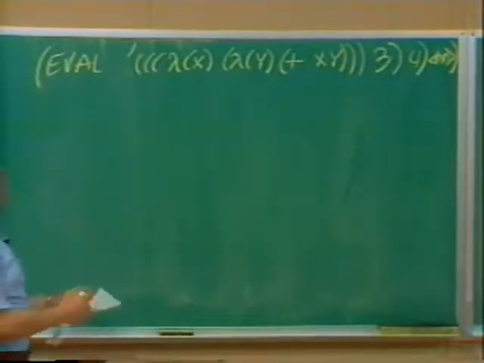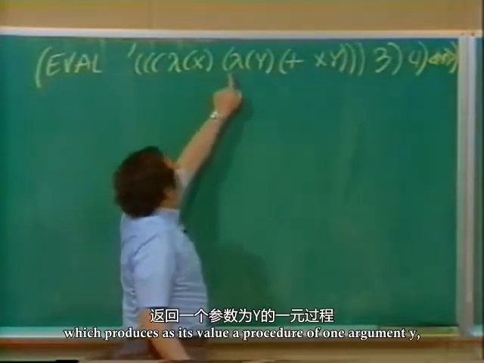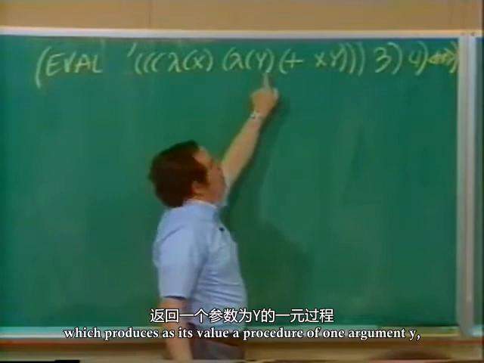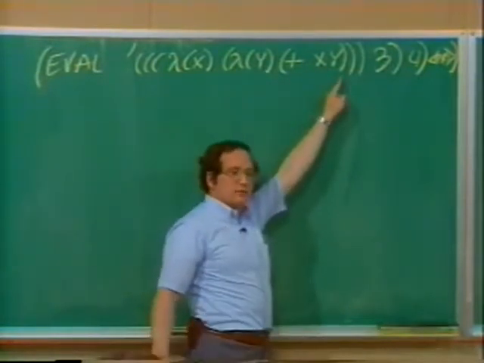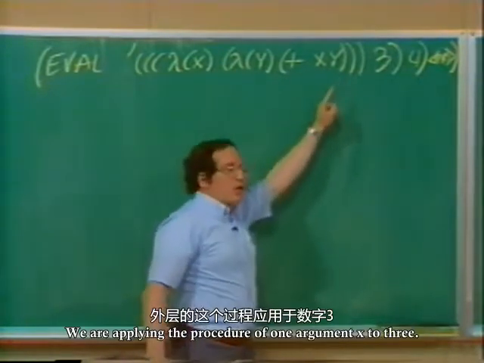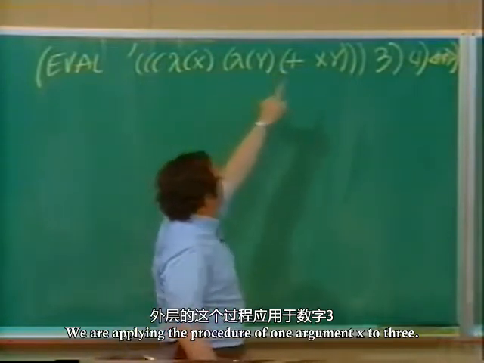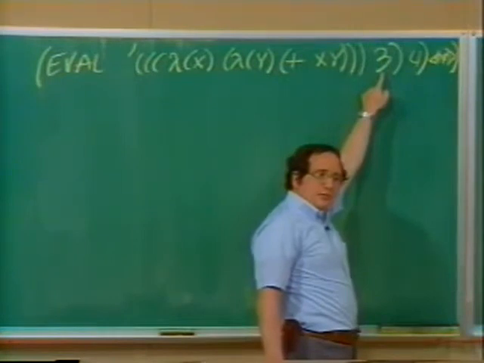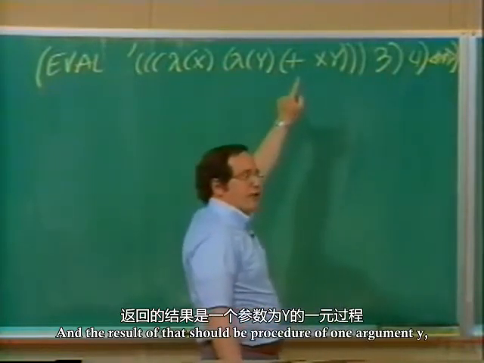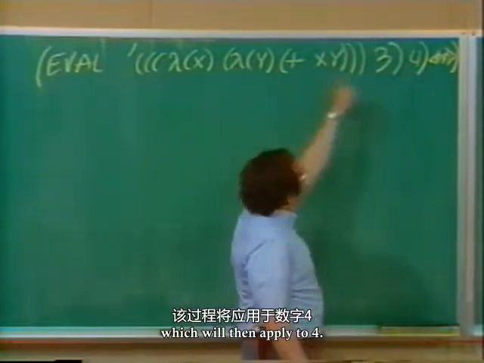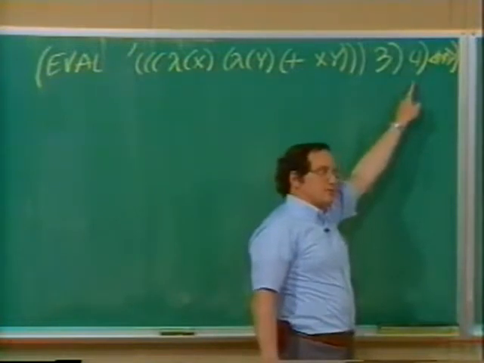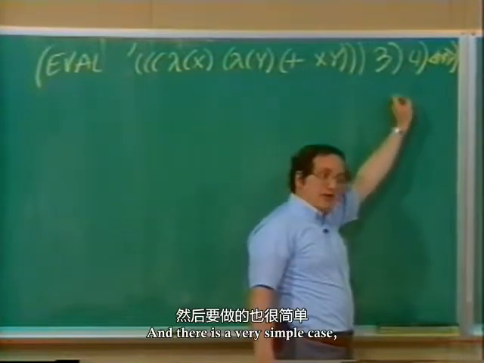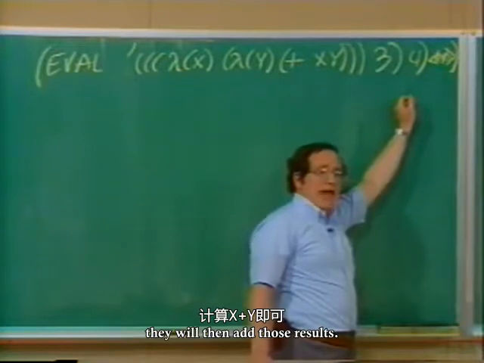So what we have here is a procedure of one argument x which produces as its value a procedure of one argument y which adds x to y. We are applying the procedure of one argument x to 3, so x should become 3. And the result of that should be a procedure of one argument y, which we will then apply to 4. Okay, and this is a very simple case. They will then add those results.